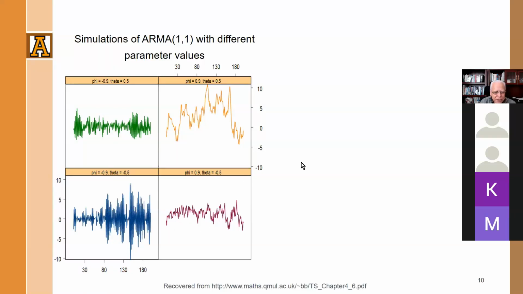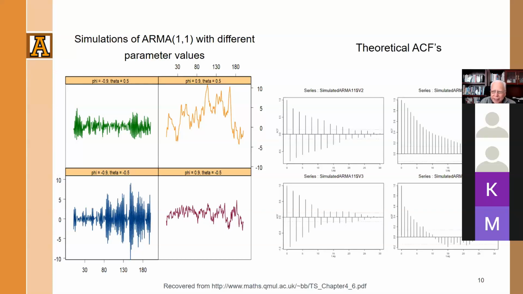These are different series simulated with those parameters, and these are the theoretical ACFs. As you can see here, phi is negative, so we have alternating signs in the autocorrelation function, but the decay is exponential.